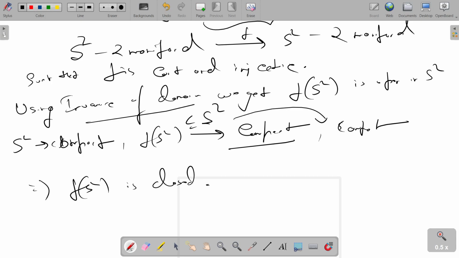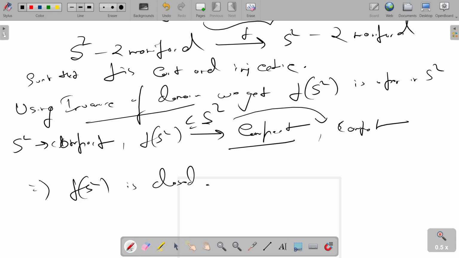Let me repeat this once again: f is continuous, and a continuous map sends a compact set to a compact set. Since S square is compact, S square gets mapped to f(S square), which is also compact, so it will be closed.